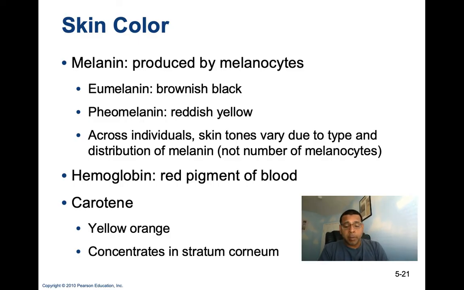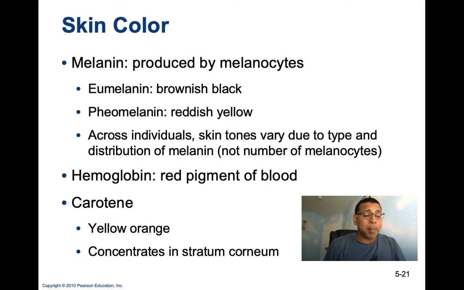This is quite common in individuals who have gastric bleeds or gastric ulcers and don't notice the bleed happening, and their skin tone starts to become pale and they look sick. So you can see how all three pigments contribute to skin color.